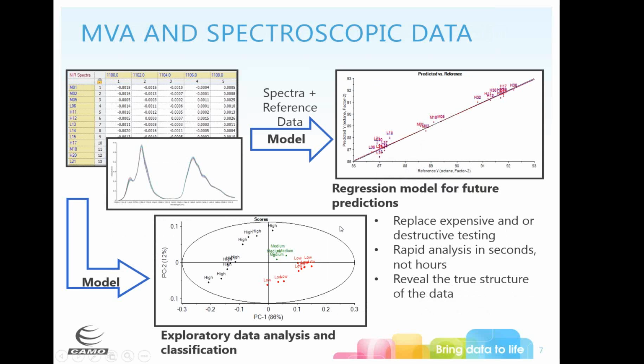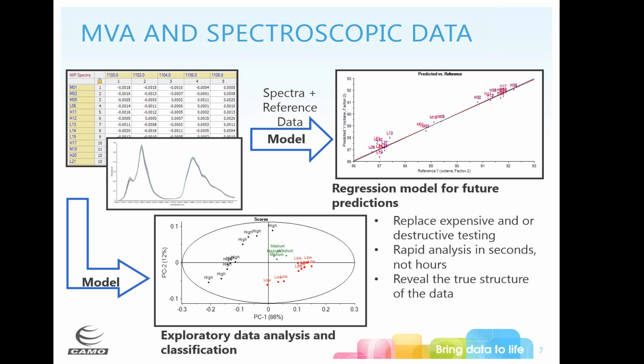We can apply various types of multivariate data analysis to spectroscopic data. We can do exploratory data analysis and classification methods. We can do qualitative methods as well as quantitative methods. And by doing this, you can actually replace some very expensive or destructive testing, and you're able to get analysis in seconds.